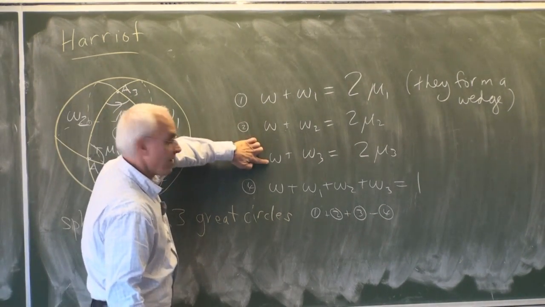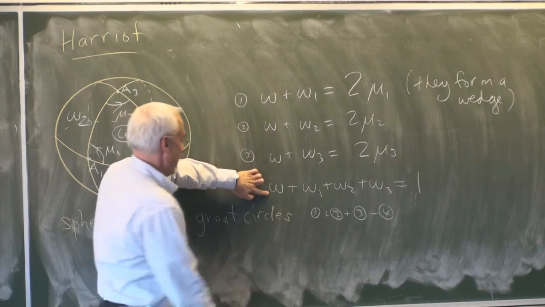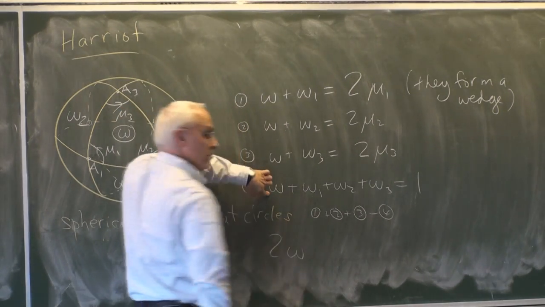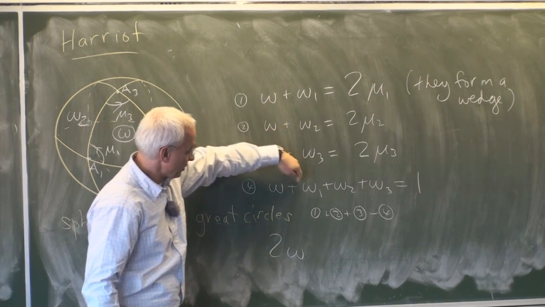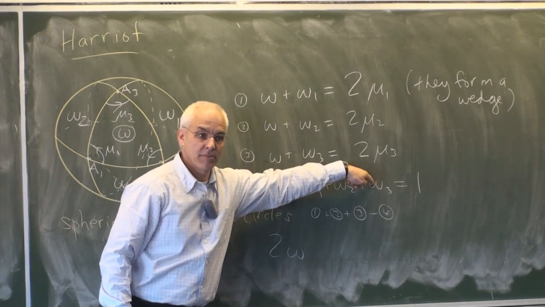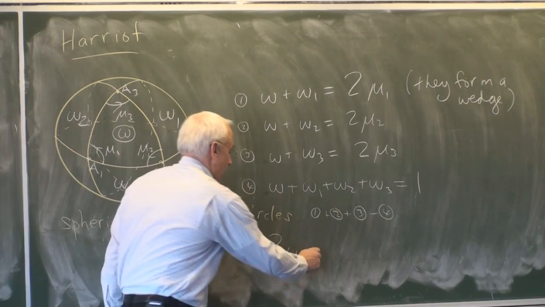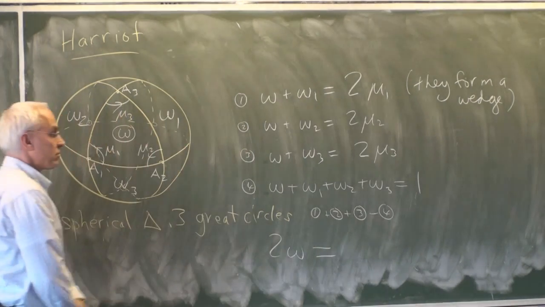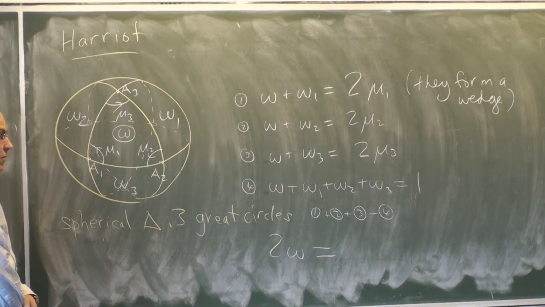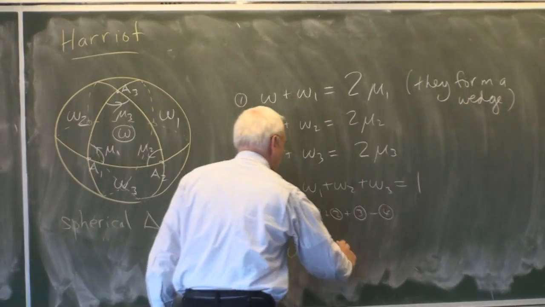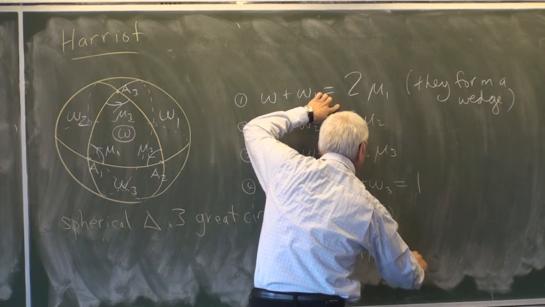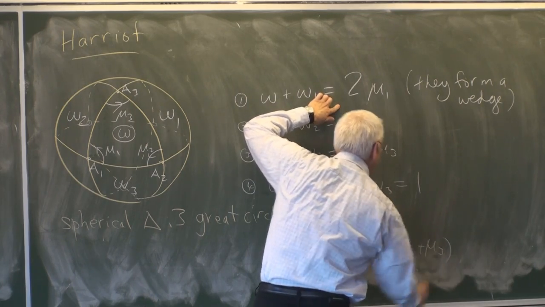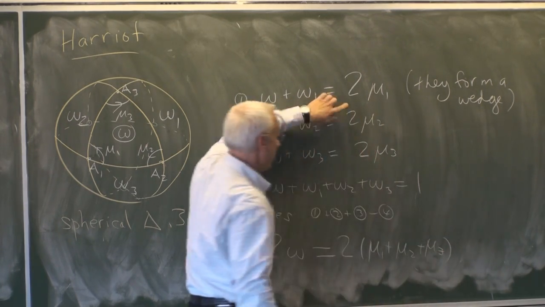Well, there'll be 3 omegas minus omega, so that'll be 2 omega. Omega 1 plus omega 2 plus omega 3, but then we're subtracting exactly the same thing, so those all disappear. And on the right-hand side, we get 2 times mu1 plus mu2 plus mu3 minus 1.